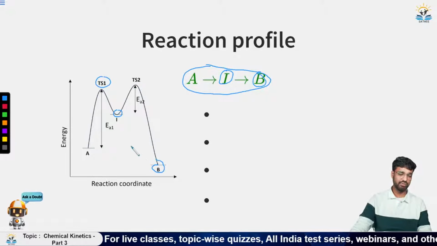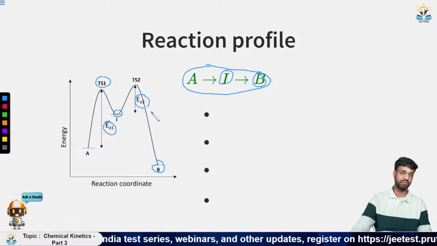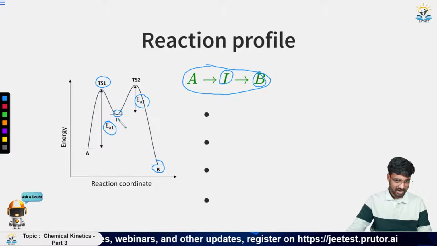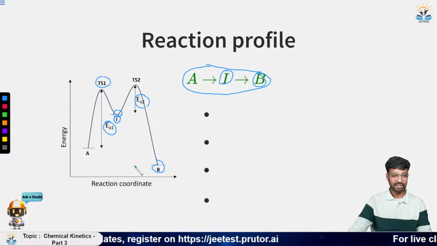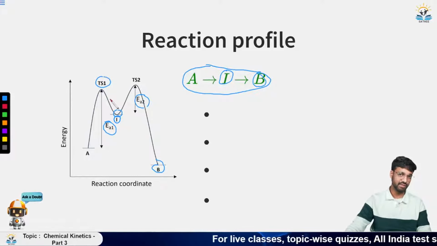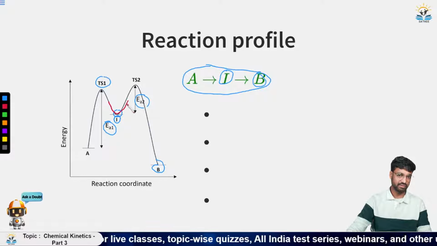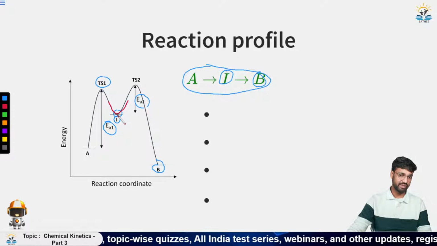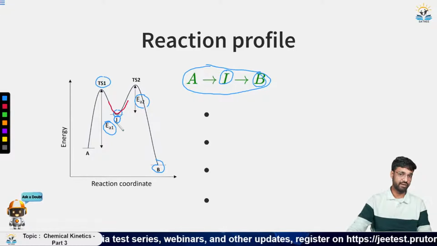Now the thing to be looked at here is that there are two kinds of activation energy, which are EA1 and EA2. These are the two activation energies, and here is the intermediate. So how do you catch an intermediate during a reaction? It is just a valley. You can see very clearly that it is a valley here, and the very minimum of this valley represents the energy of the intermediate.